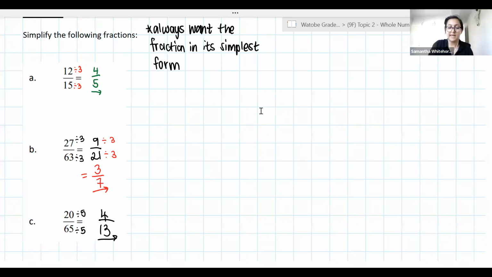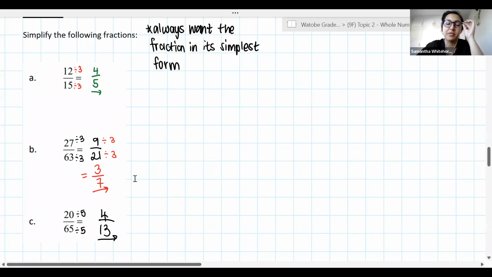And so your calculator will always give you the simplest form of a fraction. If you want to double check yourself, all you do is type it into your calculator and make sure that your calculator's answer and your answer match.